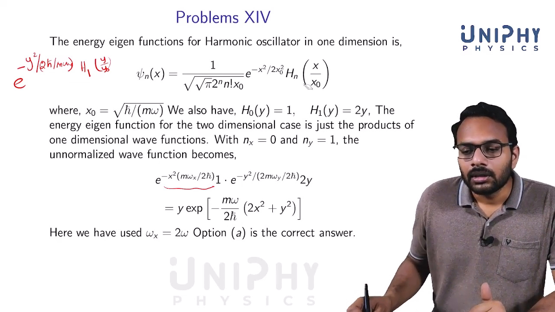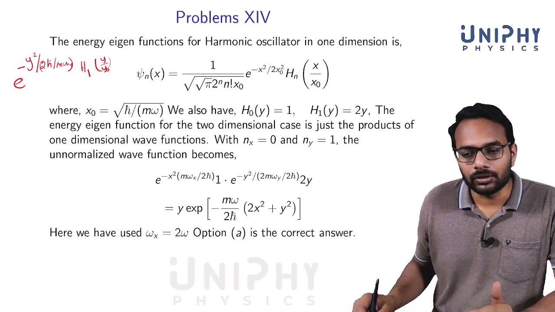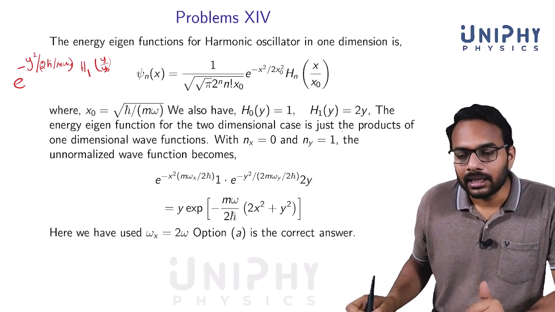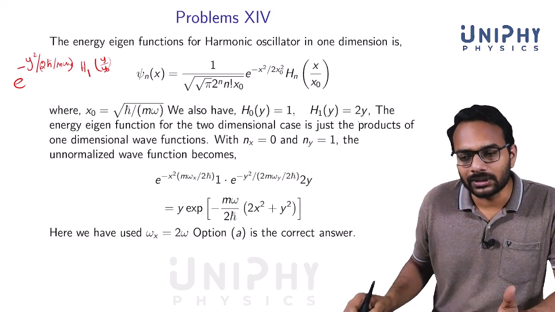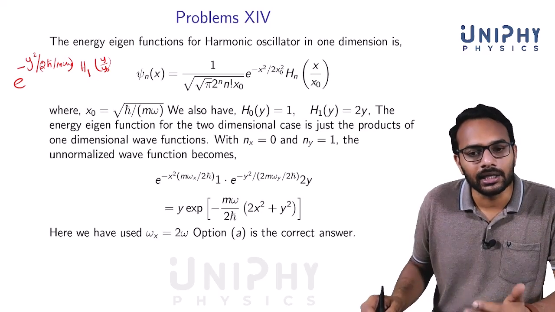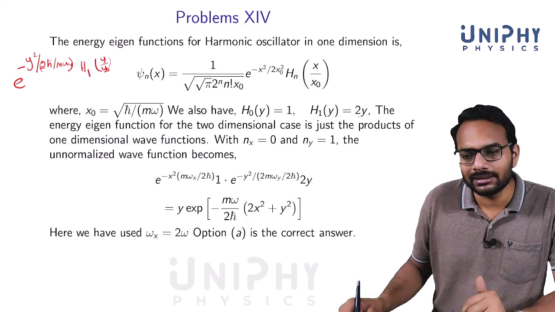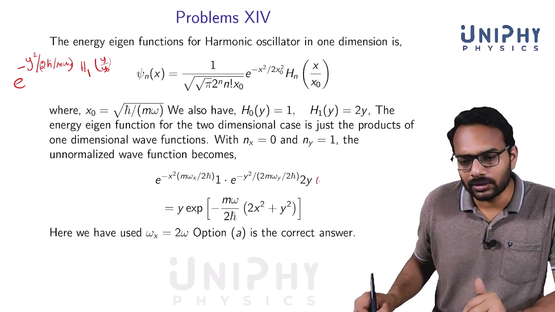So this H1 of something is twice that thing, and the other thing is a constant, so we are not worried about that because we need to find only the unnormalized wave function. It's 2y in this here. There is a constant also here.